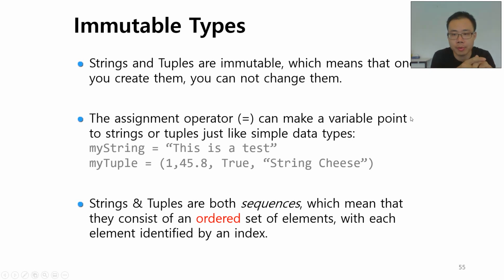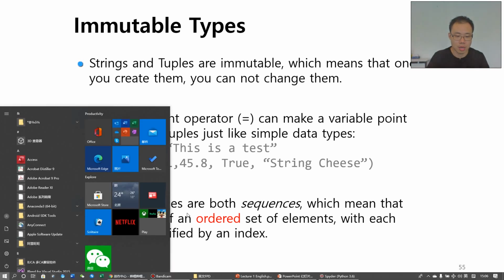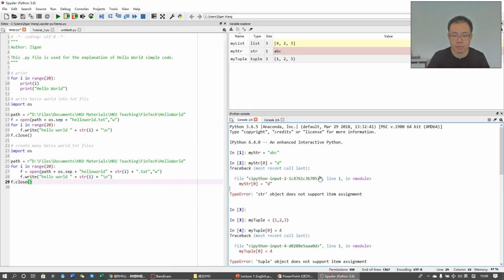Strings and tuples are immutable, which means that once you create them, you cannot change them. I have already typed something in Spyder. For example, my string equals ABC. Then, to access the first element, you use square bracket 0.